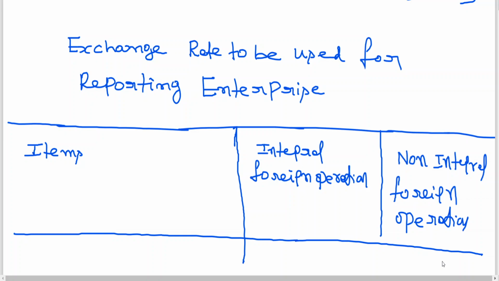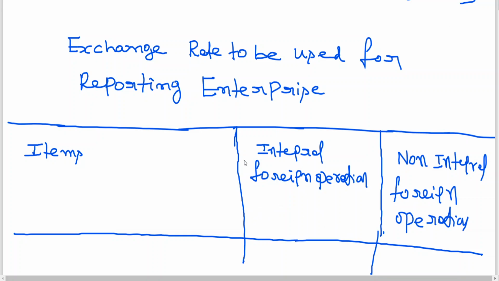These four rates are applicable for items under integral and non-integral foreign operations. When we talk about integral foreign operation, we look at the items first, like assets, cash or bank, fixed assets, etc. Which rate is applicable for integral foreign operation, and which for non-integral?